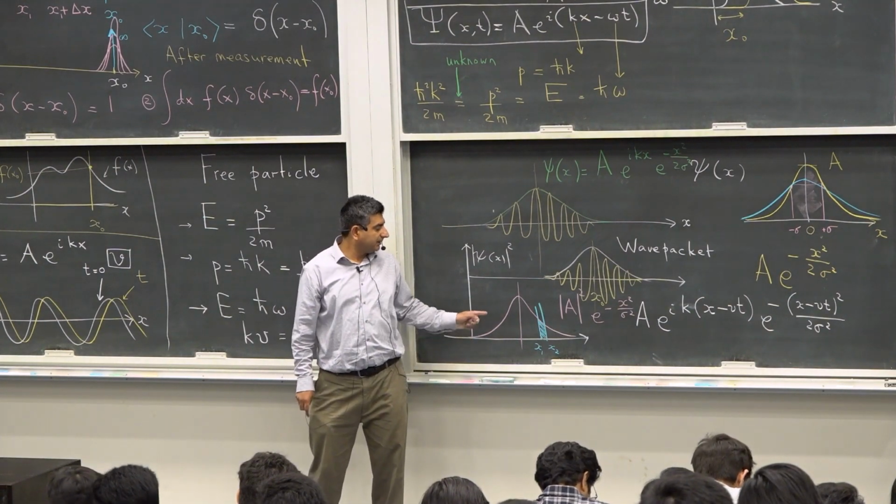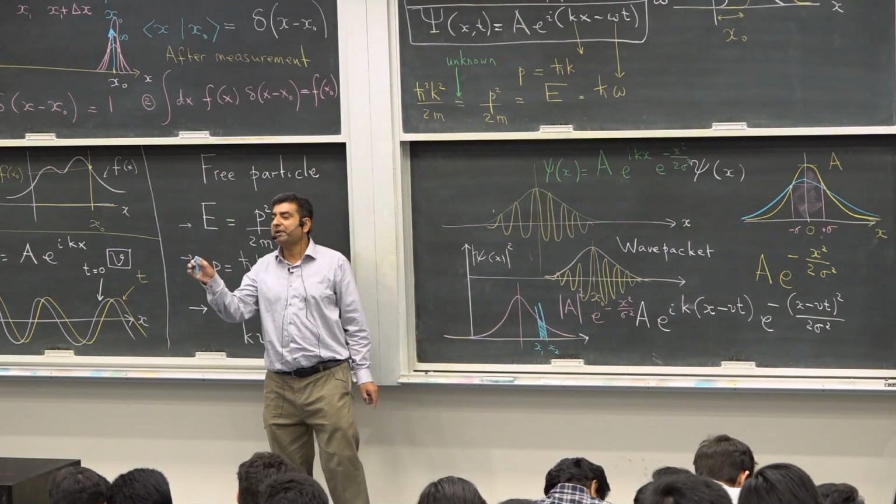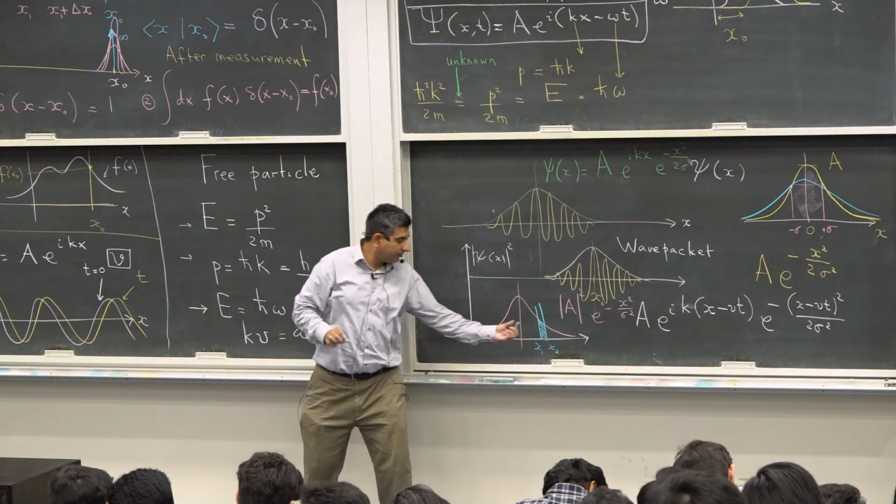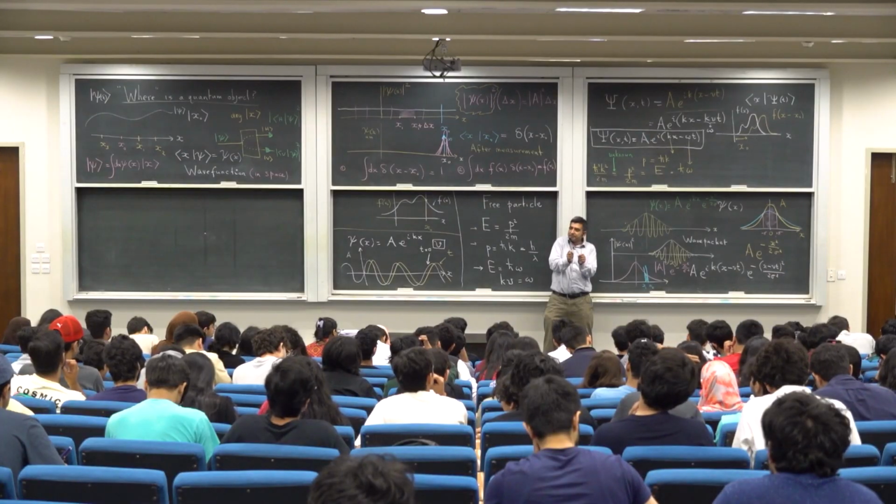Okay, so the pink curve represents the probability density function. The area under a curve bound by two points represents a probability.